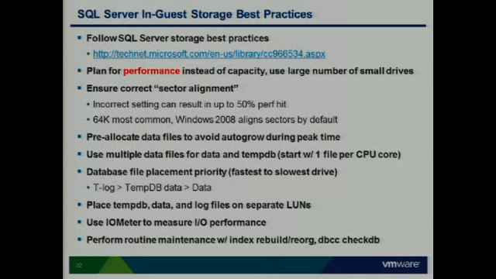Place those files on separate LUNs to get the best performance. Use tools like Iometer to test to make sure that you're getting the IOPS that you expect. And then inside the SQL Server, perform routine maintenance with index rebuilds and DBCC CHECKDB routines.